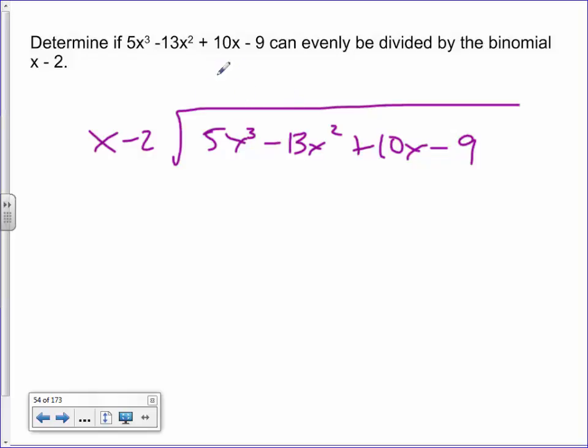So that means that rather than putting something in this first column here, it's going to start in this column here. So then 5x squared multiplied by x gives you that 5x to the third again. And 5x squared times minus 2 should give you minus 10x squared. Subtract.